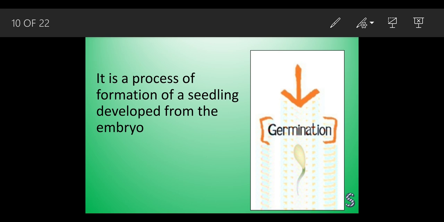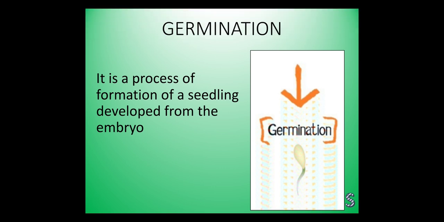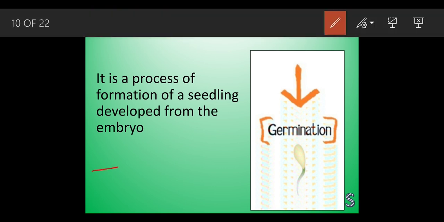Now we are going to learn about the germination process. What do you mean by germination? Again, let me explain. There was a seed, and the first sign of the movement of the shoot system or root system is called germination. Let's understand the definition: it is the process of formation of a seedling developed from the embryo.